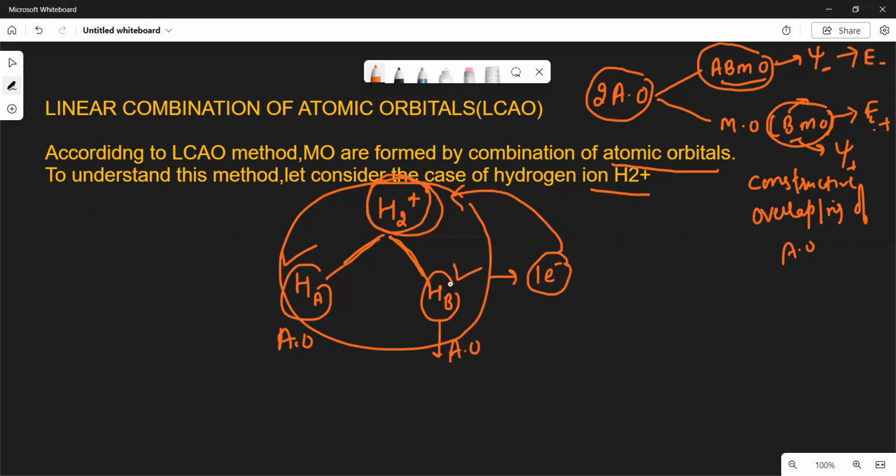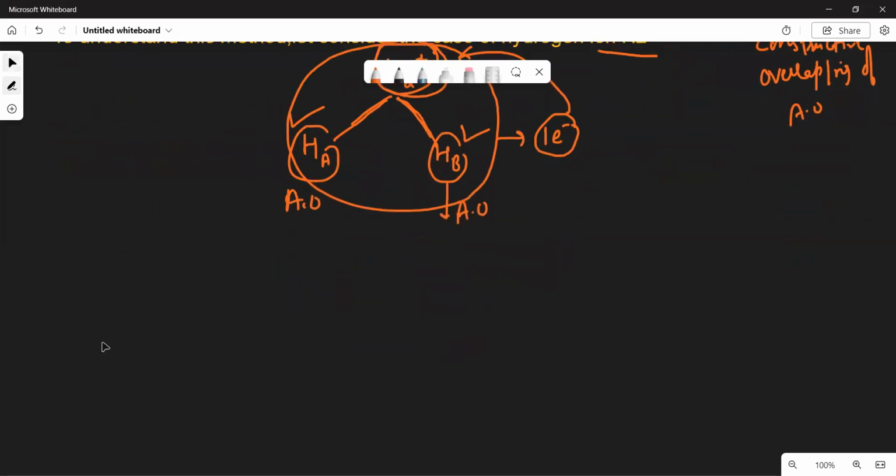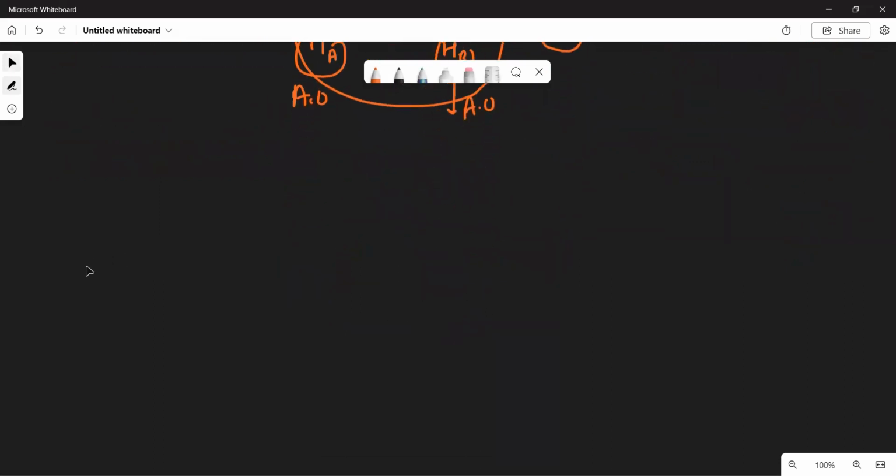But now here three cases may exist. Let's see which these three cases are. The first case, or first state, is one in which the electron is present in the neighborhood of atomic nucleus A. Suppose this is HA and this is HB, and let's suppose HA and HB in the molecule are separated by a distance r.